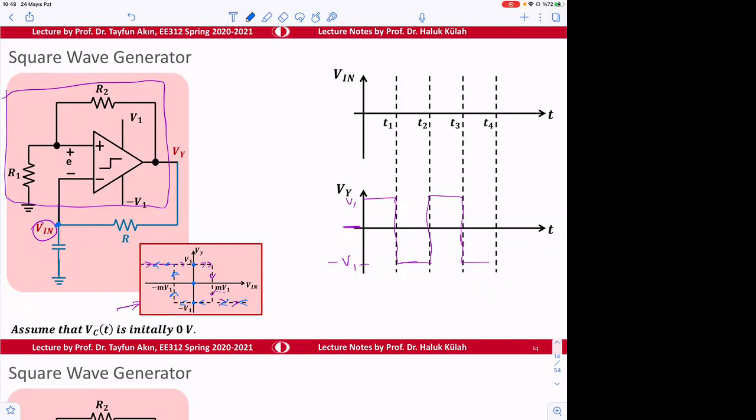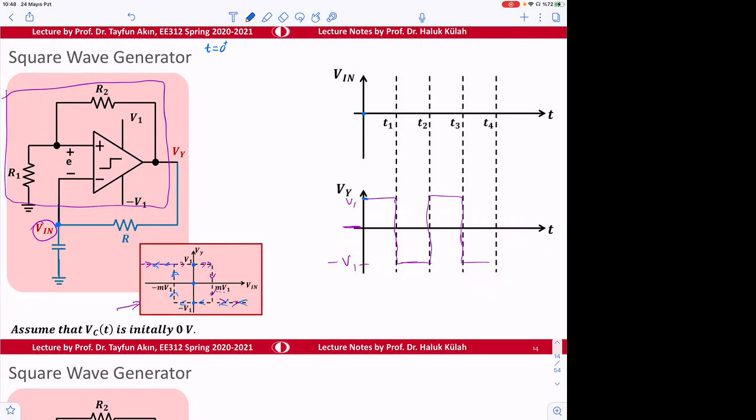Okay, so at t equal to 0 plus, we will assume that the voltage here, Vin, is 0, and then the output Vy is going to be V1. So what happens in that case?